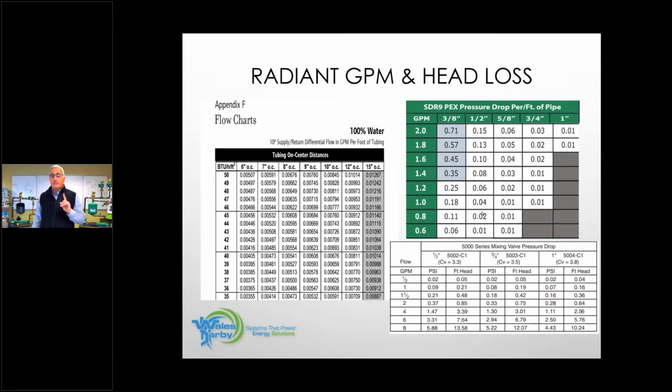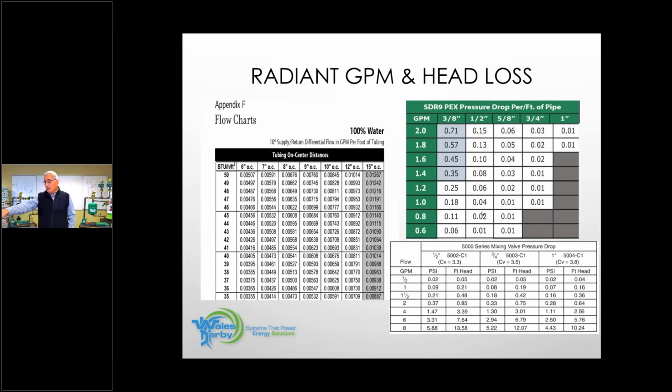But one other thing, if I'm going to be using a mixing valve, because remember the rest of the house is getting 150 degrees, I only need to supply here either 135 or 140. It's a 10 degree, 15 degree difference. I don't want to send too high a water temperature in there because I'm not going to deliver the comfort. So I'm going to use some type of mix valve. I do have to take that into account for head loss.